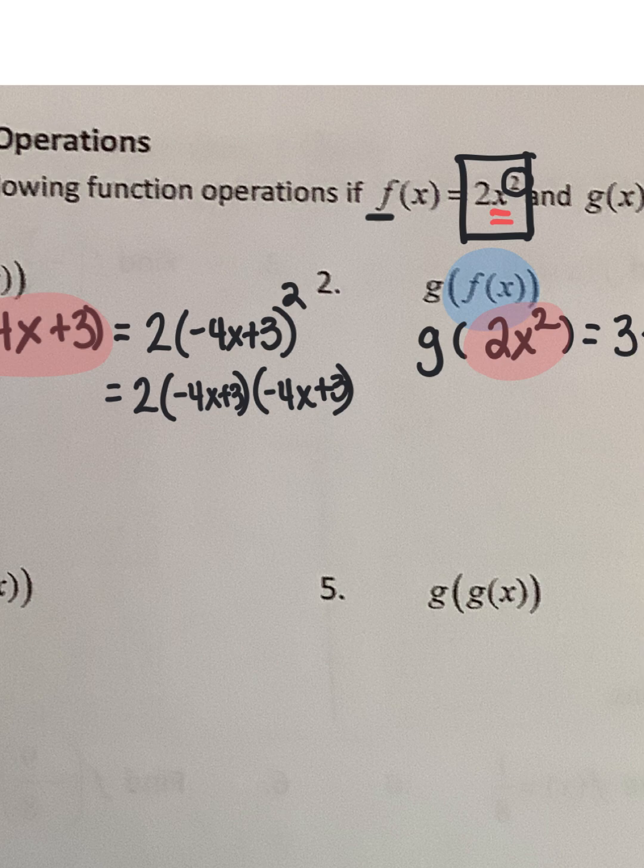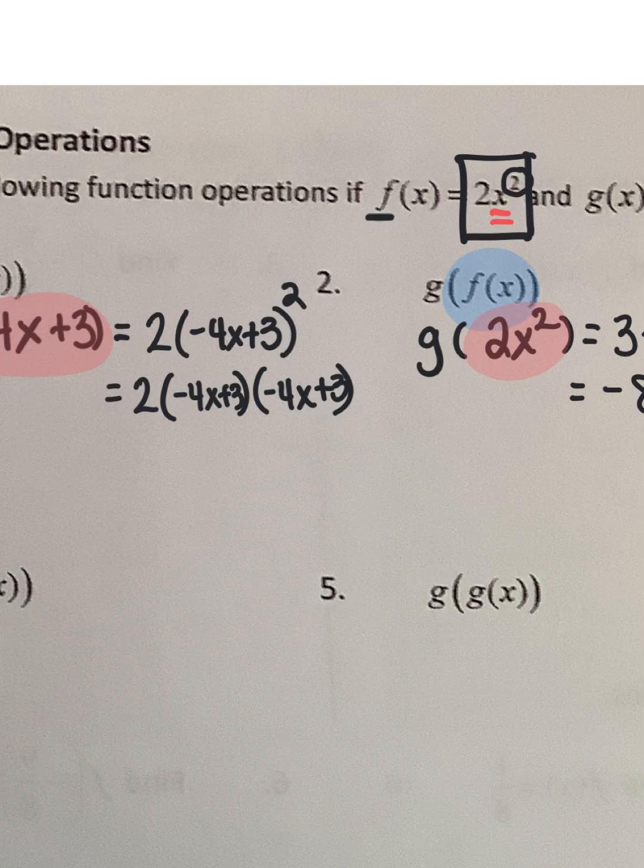So we have 3 minus 4 times 2x squared. And if you switch the order, you're fine. So this will give me negative 8x squared, and then I still have positive 3. In general, when you're doing those back and forth, depending on what you start with, one's going to be a little easier than the other.